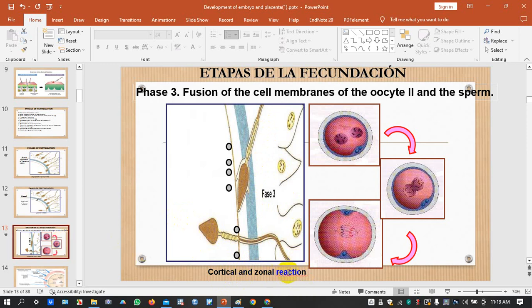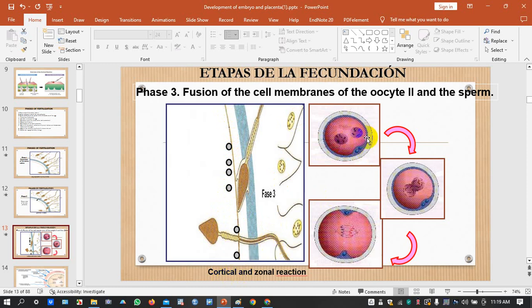The zonal reaction is the acrosome reaction at the zona pellucida. And the cortical reaction is the prevention of polyspermy. When the head of the sperm touches the plasma membrane of the egg cell, other sperm should not come into contact with it. That is what we call cortical reaction.